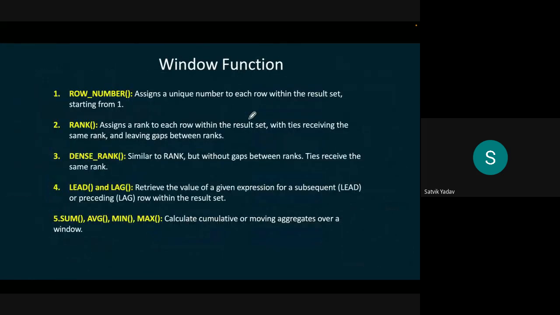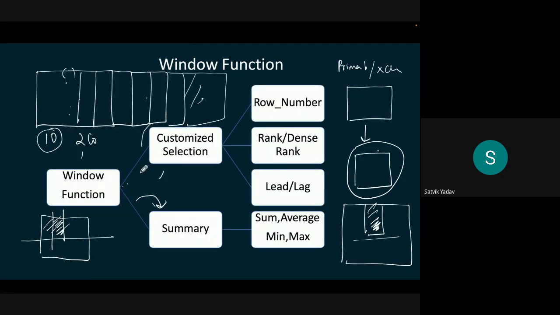Okay. Now let's say I talk about window functions. What did I say? Window functions can be applied to customized selection questions as well as summary questions. In customized selection, you will see row number, which we'll speak about. And in summary, whatever sum, average, min, max we have been doing, they are also window functions.